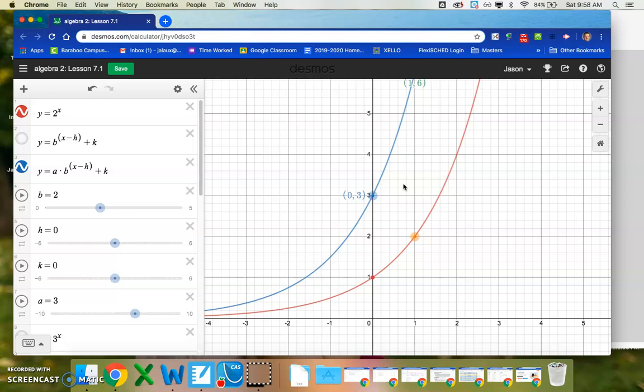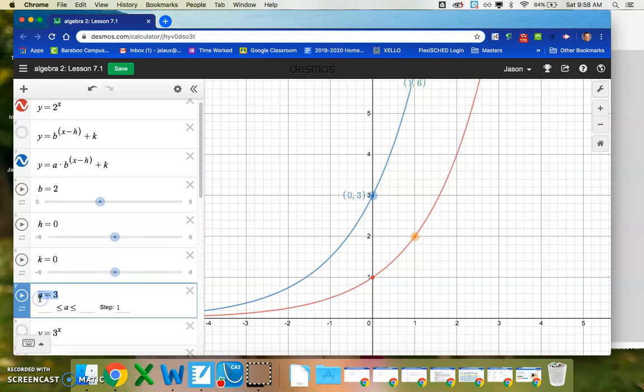So whatever that parent function is, if that parent function is 1 unit to the right, 2 units up, and you have a dilation factor of 3, now it's going to become 1 to the right, 6 units up. Where if I change this value to 4, then it's going to be 1 to the right, 8 units up. So it's going to take the y value and multiply it by the a value.